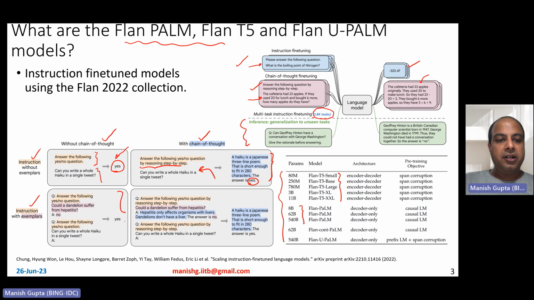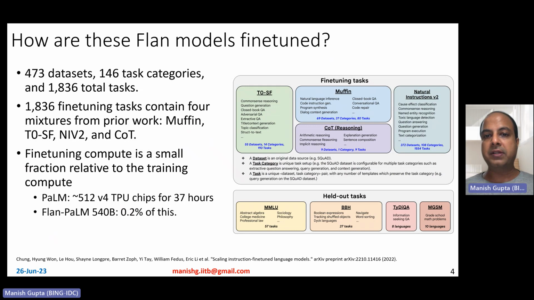This is a setting without chain of thought, but it has few shot examples, specifically one shot, where you have a question and an answer, and then another question and you expect the final answer from the model. This is a combination of few shot and chain of thought, where you have a chain of thought example, step by step, and then you ask a question and expect it to answer by reasoning step by step. Okay. As I mentioned, these models have been fine-tuned using both few shot settings as well as chain of thought settings, so you have exemplars in the prompt as well as chain of thought prompting.